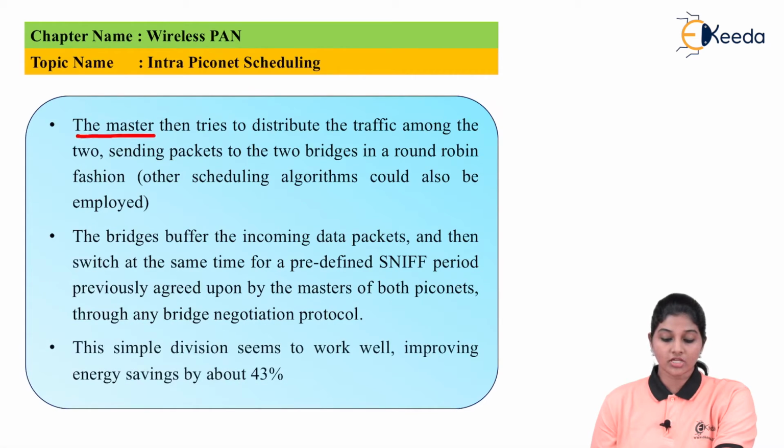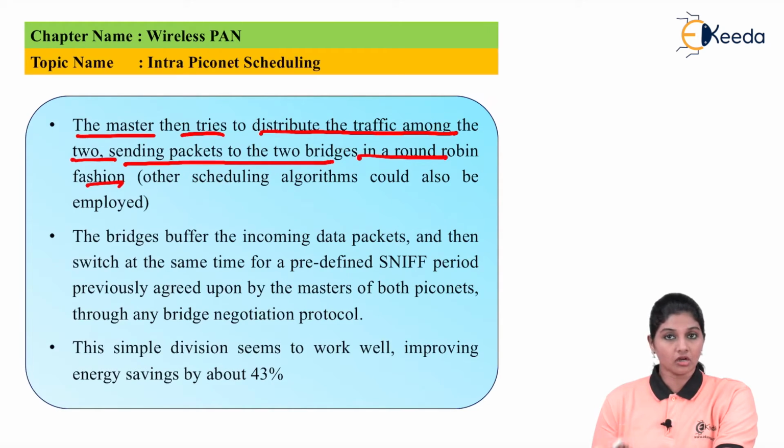The master then tries to distribute the traffic among the two nodes which are selected on the basis of computing and energy resources, sending packets to the two bridges in round robin fashion. And we can also use other types of algorithm like ElWR, or we can use PlWRR algorithm, rather than using a round robin algorithm.